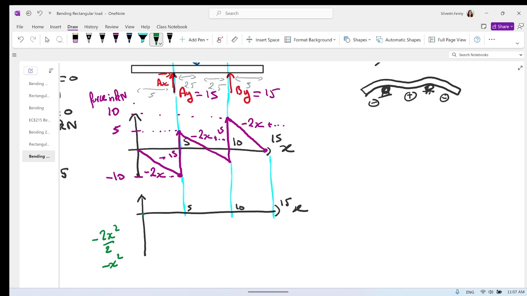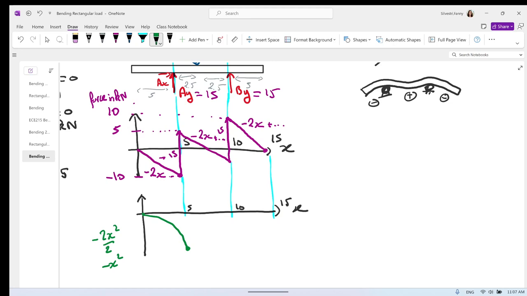So it will look something like this. It's decreasing and it's second degree order. All of them will start with minus x squared, all of them.